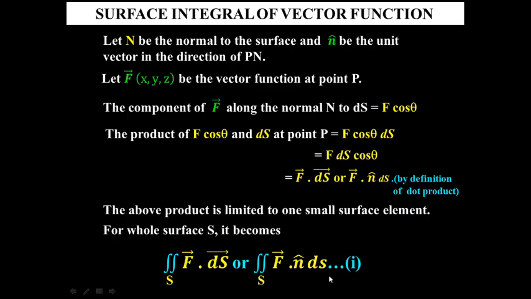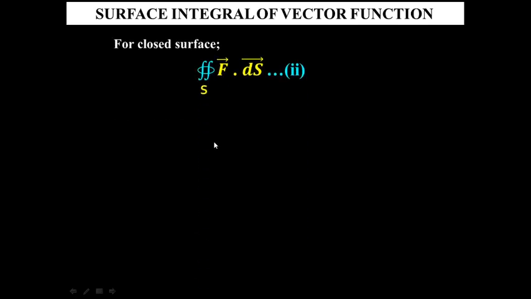So this is equation number 1, and it is known as the surface integral of a vector function, where F vector is a vector function. Suppose the surface is closed, not open. Then this surface integral can be written this way: for a closed surface, with a circular sign in the middle of the integral, double integral over the closed surface of F dot dS.